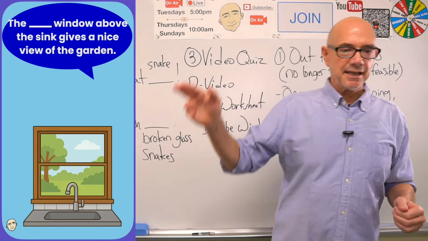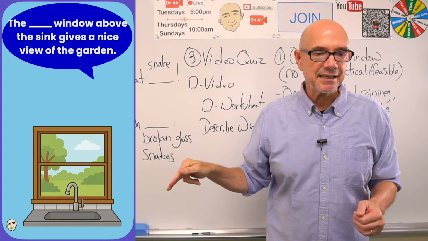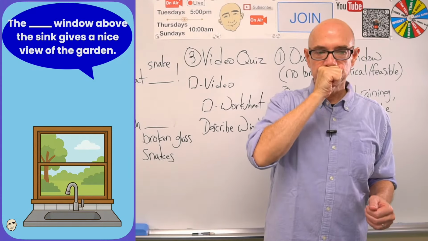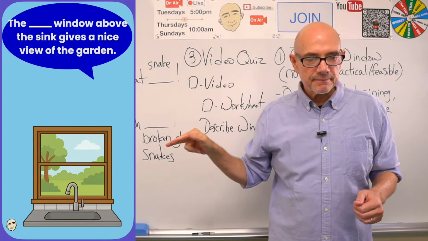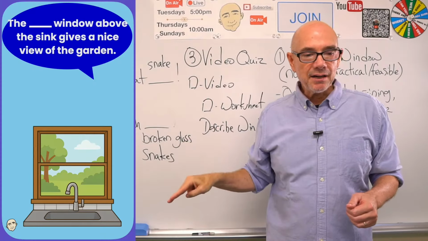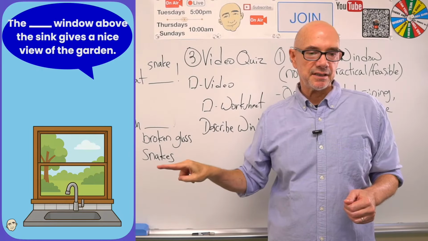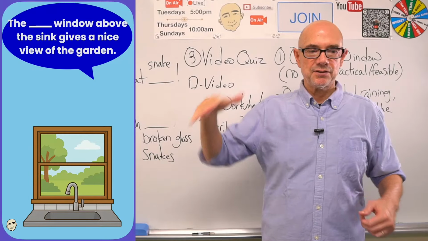Okay, our next sentence. The window above the sink gives a nice view of the garden. The window above the sink, there's the sink, above the sink gives a nice view of the garden.